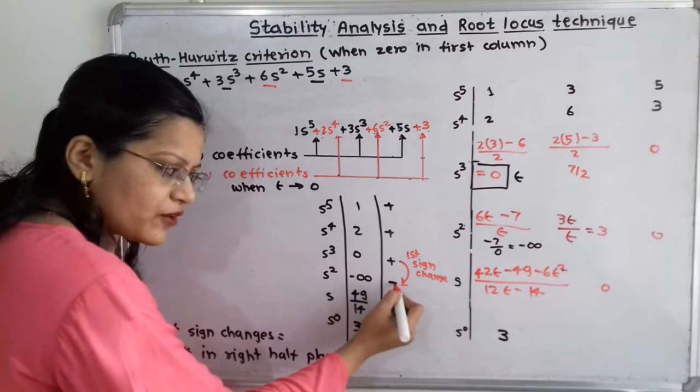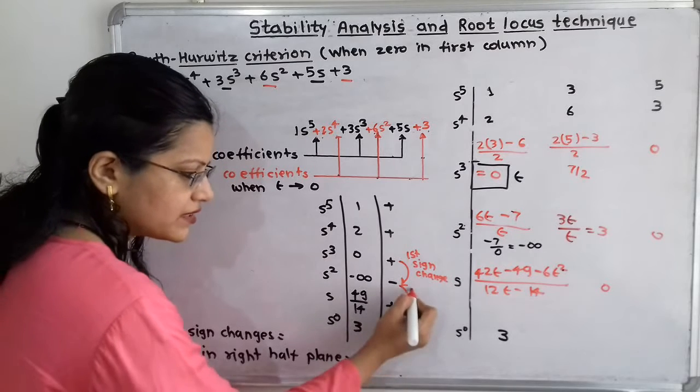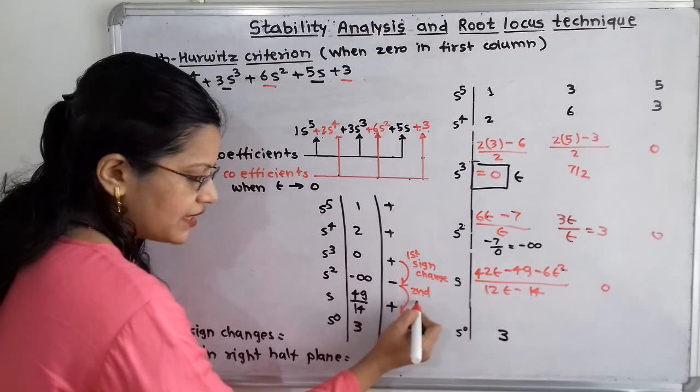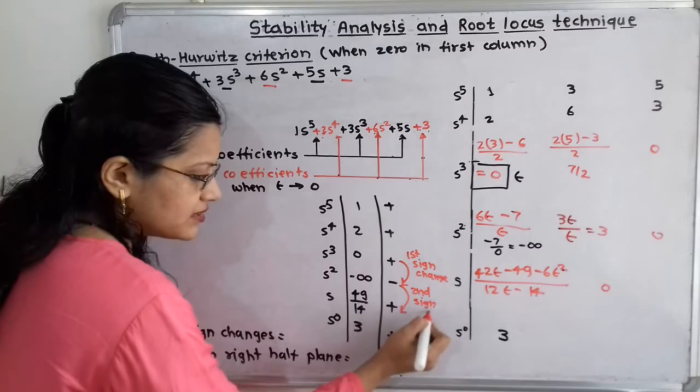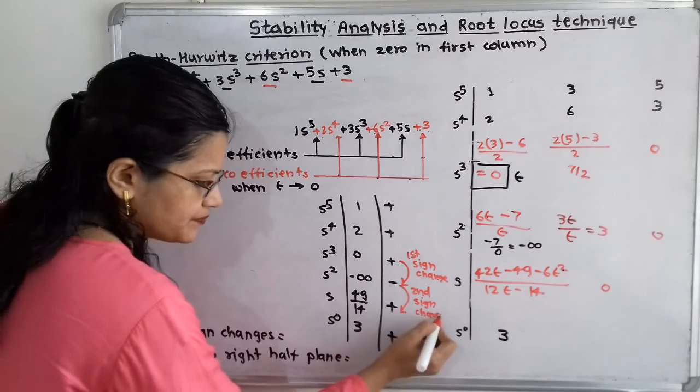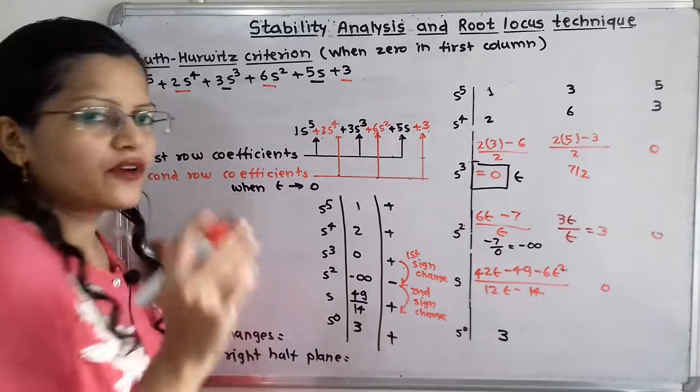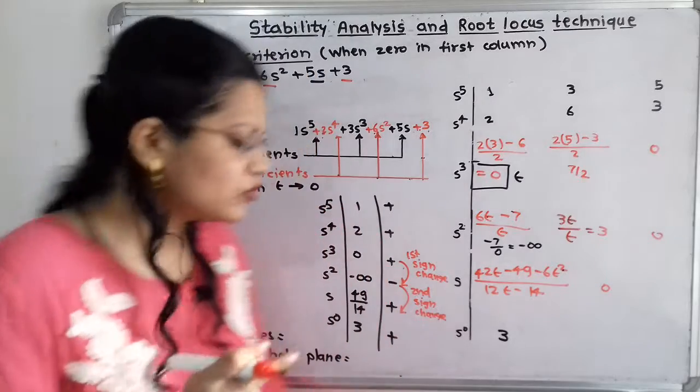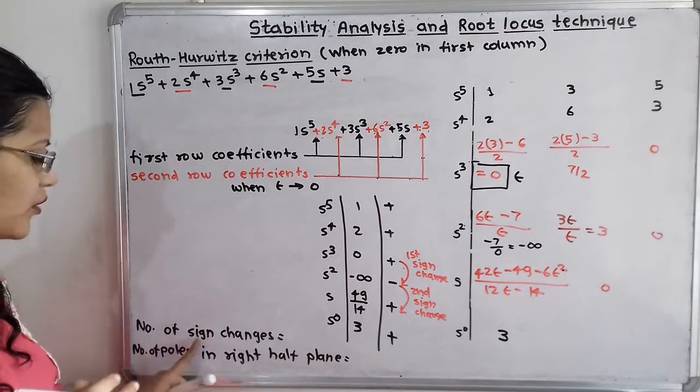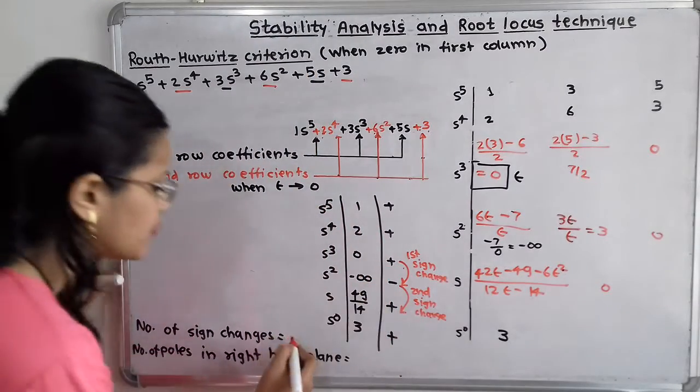And then again from minus to plus, so here is the second sign change. So the number of sign changes is equal to 2.